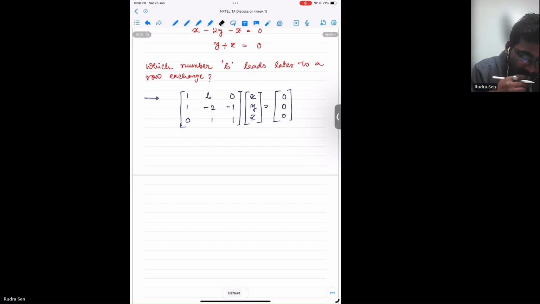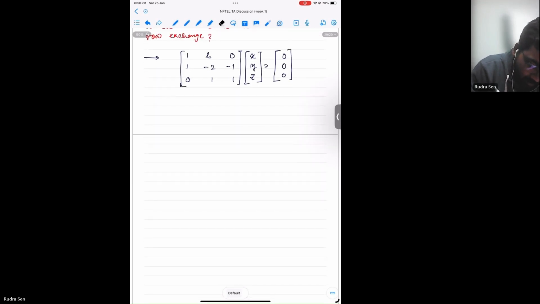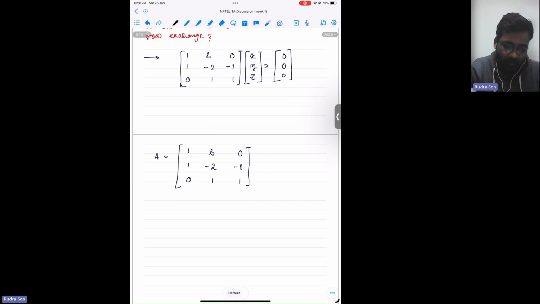Now we have to find the number b which leads later to a row exchange. So first we write the A matrix over here, without augmenting with b, and we do the row exchange.